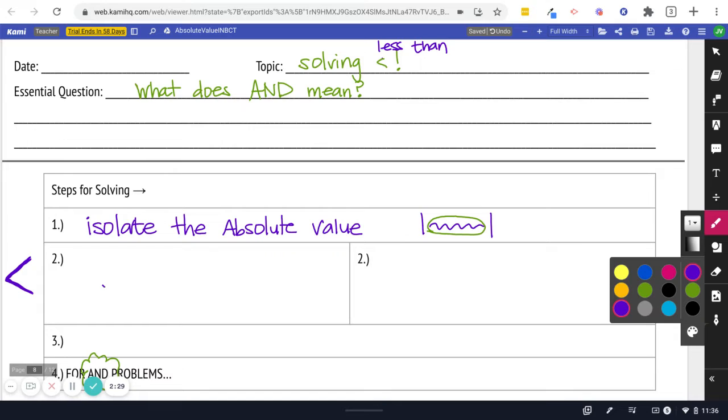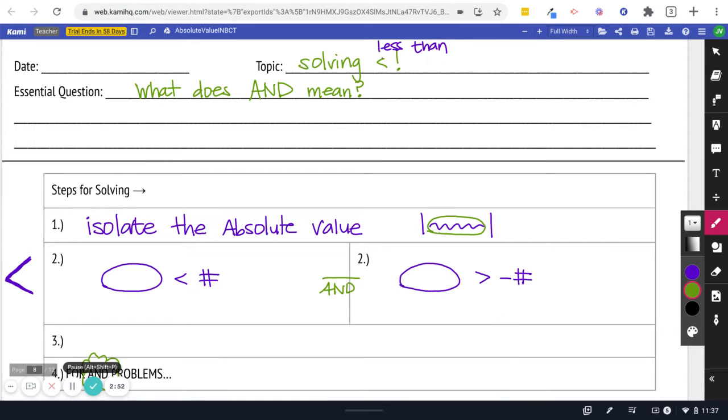And then we're going to write an inequality where we're just less than whatever number we have. And then our next inequality is going to be greater than the negative version. And we'll use the word "and" to join those two things.